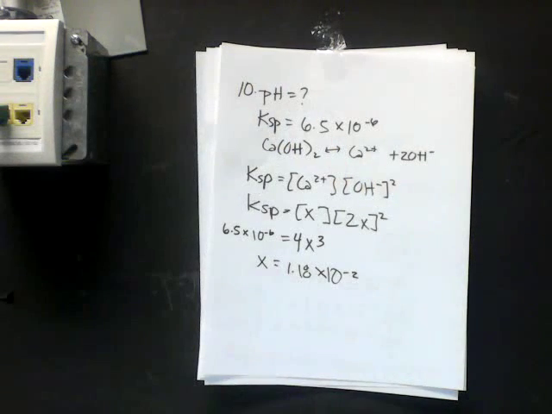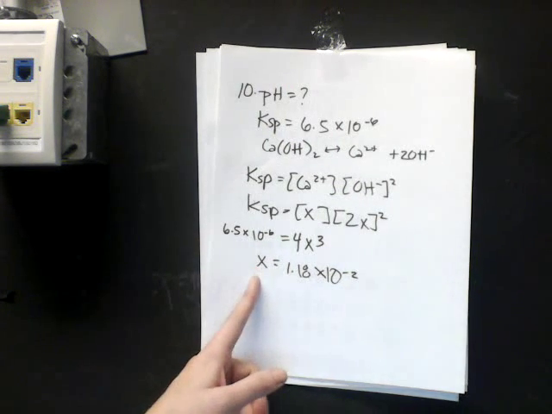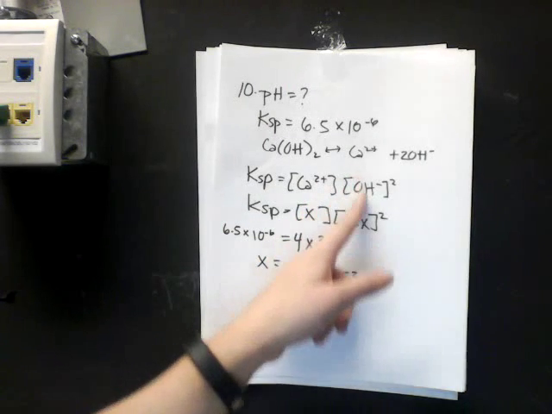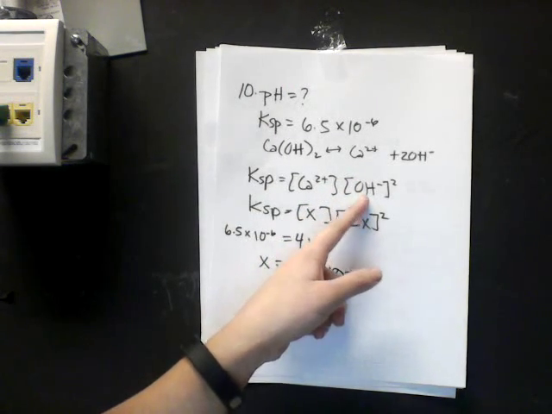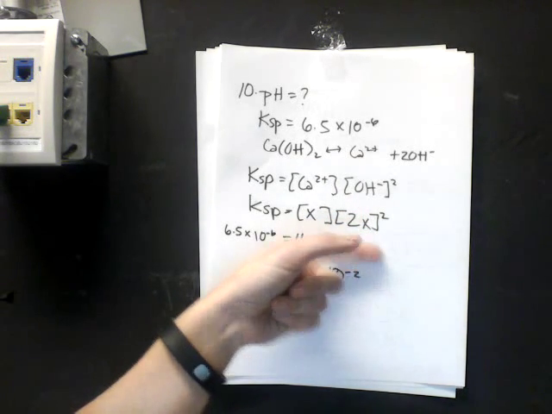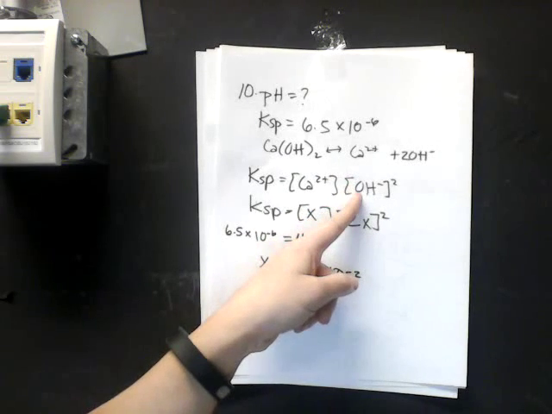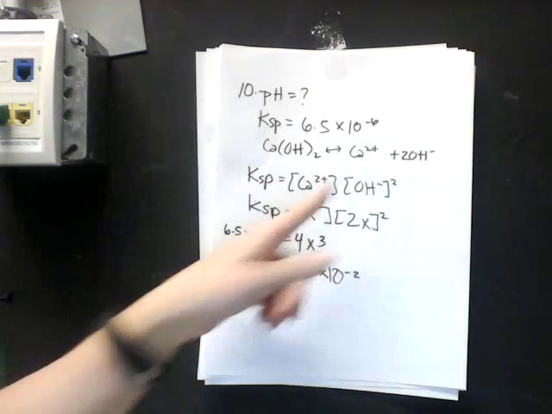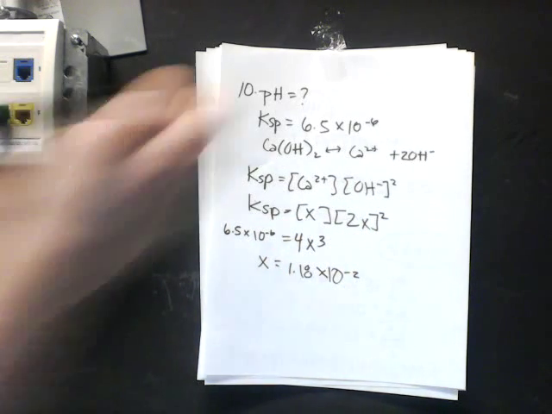So now what is it asking for? It's asking for the pH. This is my X, so I can find OH and then transfer that to pH, because if I can find POH, then I can change it to pH. So I have a concentration.